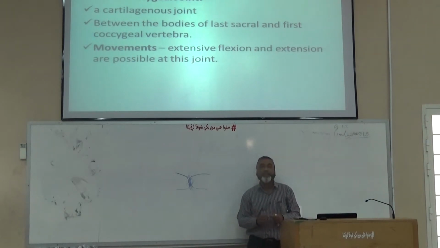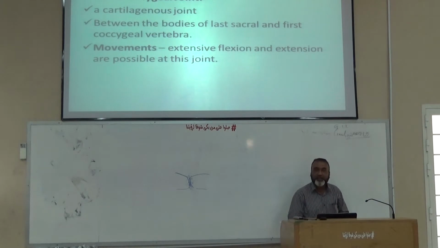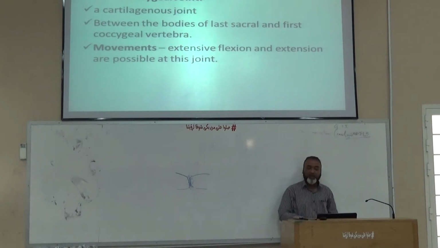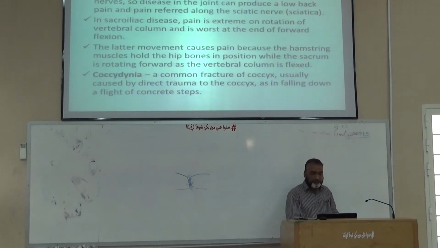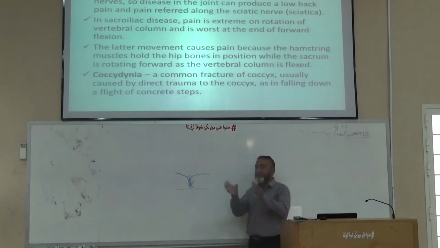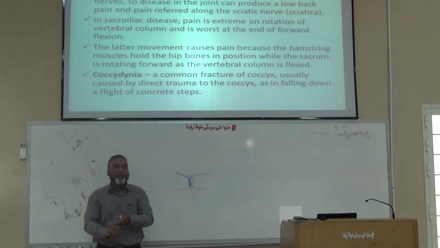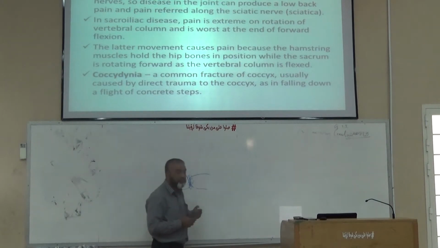There is movement possible, and you get highly extensive flexion and extension over the sacrococcygeal joint. Now, remember, the main joint is the sacroiliac joint. So three joints we have done.